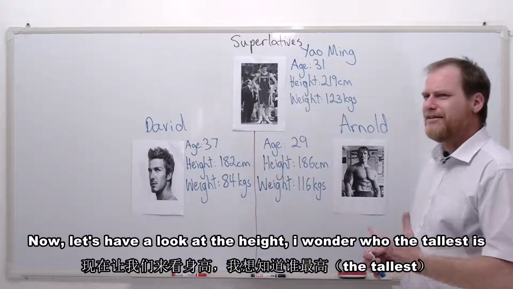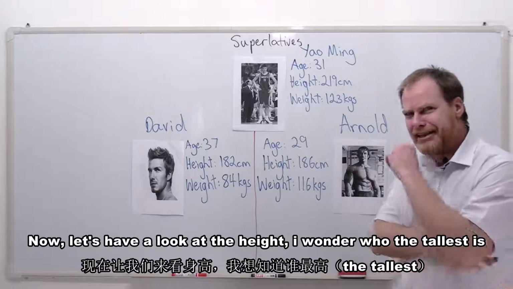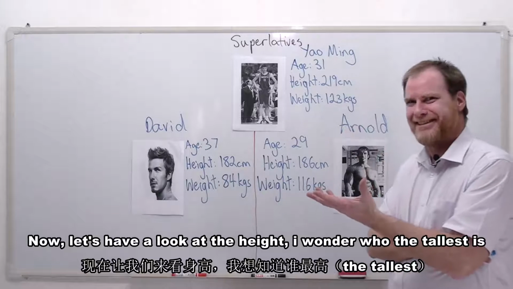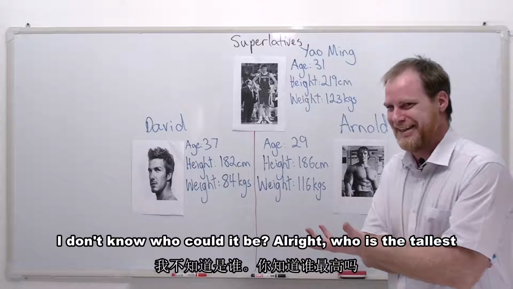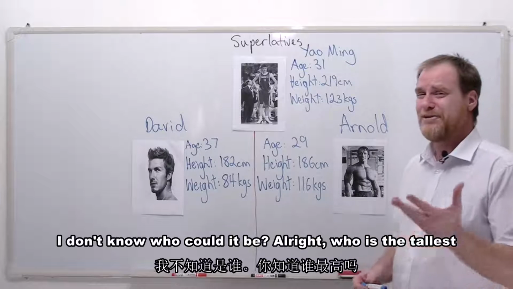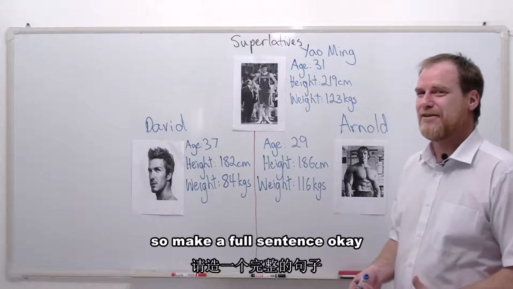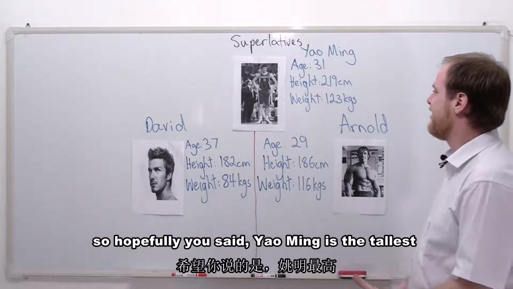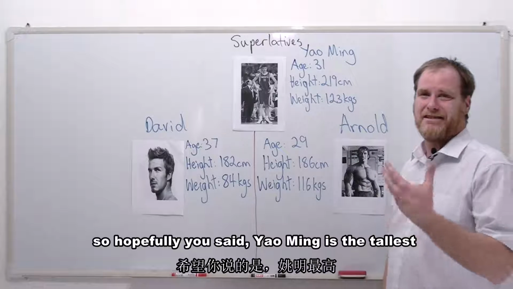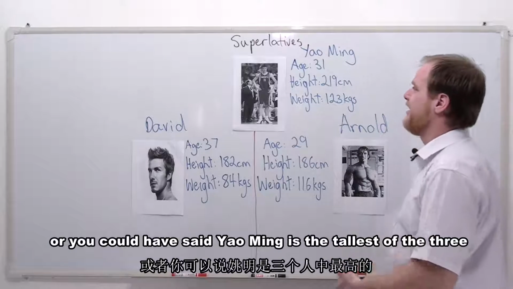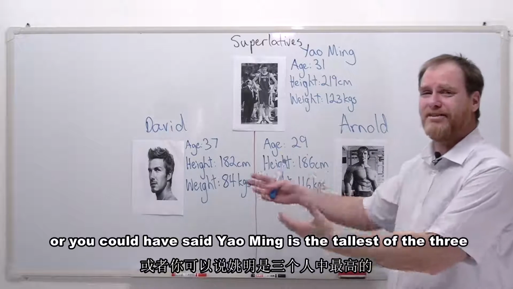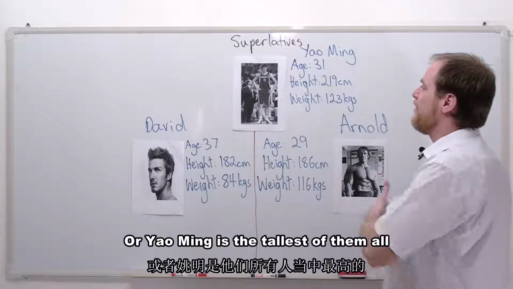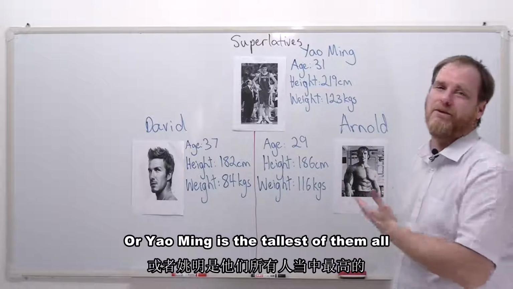Alright, now let's have a look at the height. Gee, I wonder who the tallest is. I don't know, who could it be? Alright, so who is the tallest? Make a full sentence. Okay, so hopefully you said Yao Ming is the tallest, or Yao Ming is the tallest of the three, or Yao Ming is the tallest of them all.